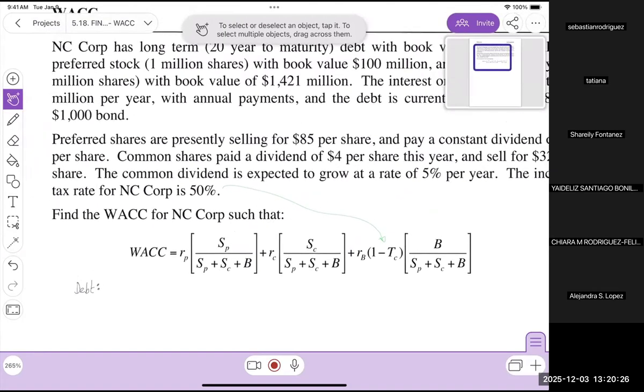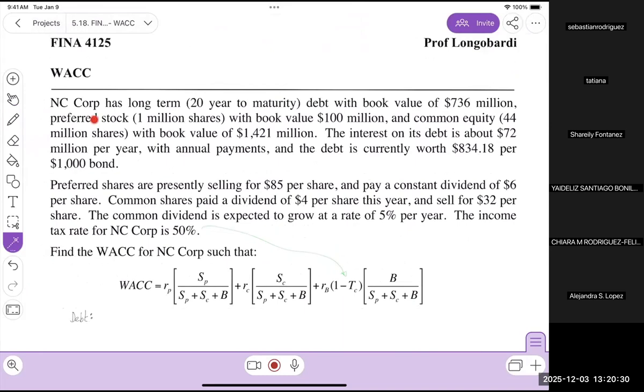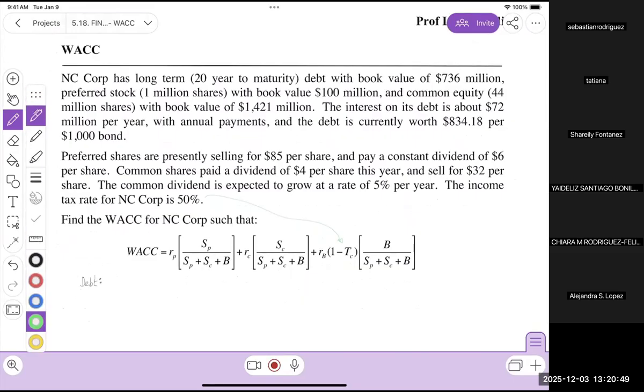Let's see what there is here to tell us. Okay, it has long-term debt with book value of 736 million. So that's the book value. Let's write it down. But remember, I kept talking about market value, so let's be careful how we use this figure. Let's highlight yellow for debt.